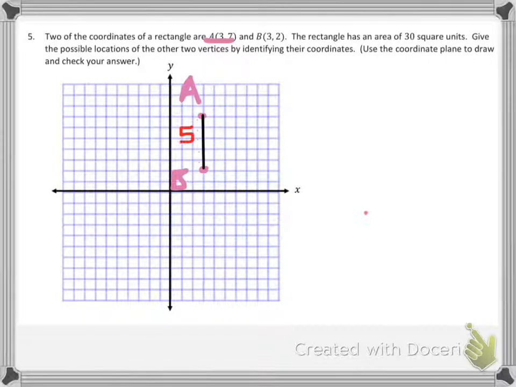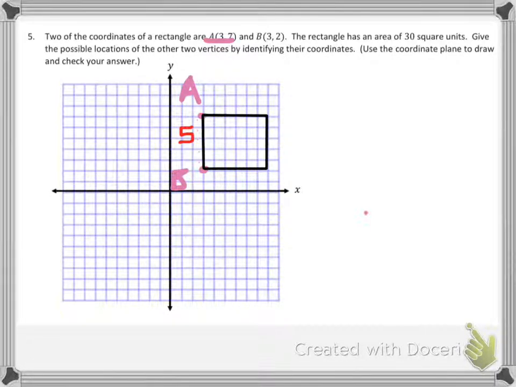So this is a side length of 5. And if that's the case, I know that the area of a rectangle is length times width. So I need a rectangle with a length or a width, whatever you choose to call it, of 6. So there's 3, 4, 5, 6. So it's going to go out to here. Same thing on the bottom, all the way out to there.